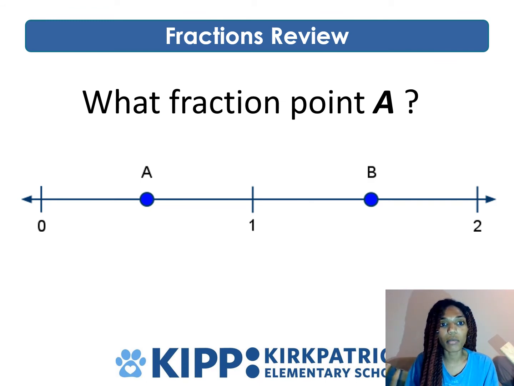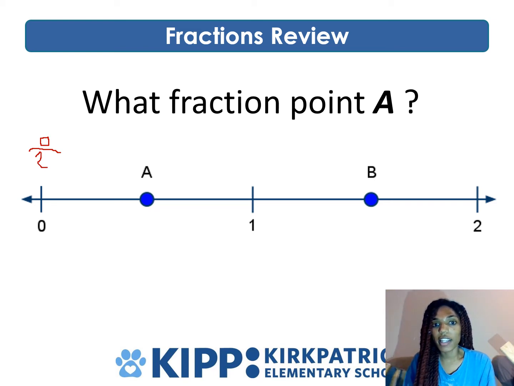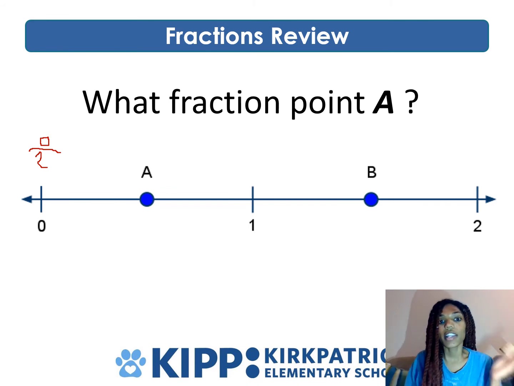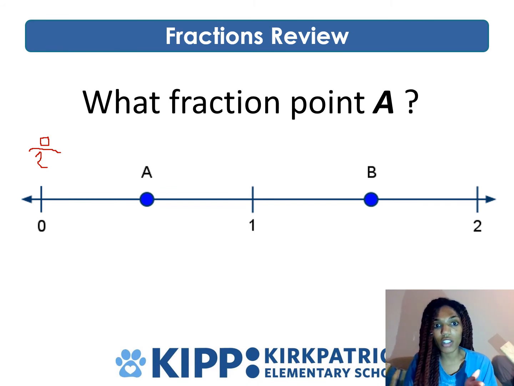So I'm going to start labeling. At the 0, we don't have anything yet, so it'll be 0 out of 2 equal parts. Then at A, and this will answer our question, we started at 0 out of 2. Now this is the first part. We finished this first part, so that is 1 part out of 2 parts.